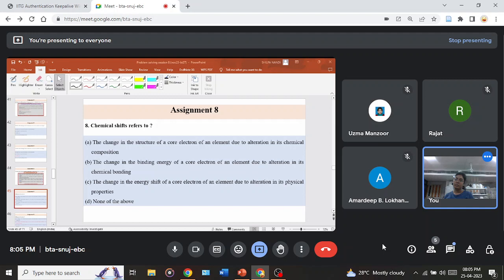Okay. So Usma is saying that answer A is correct, that is a change in the structure of a core electron of an element due to alteration in its chemical composition. Okay.